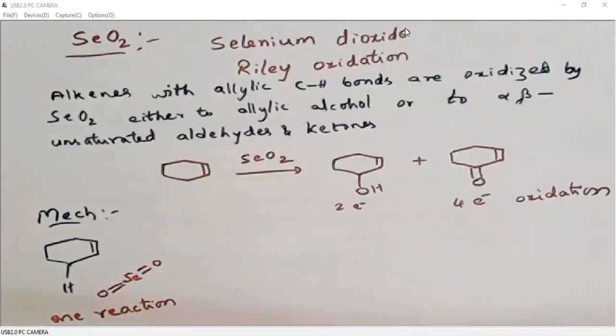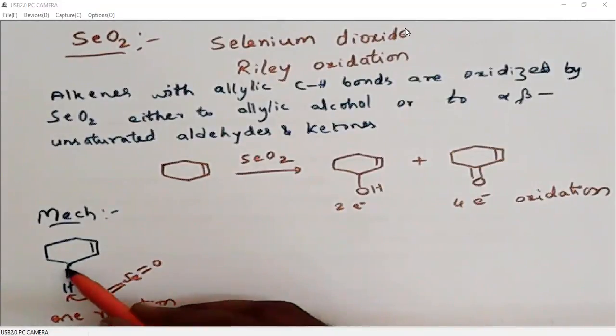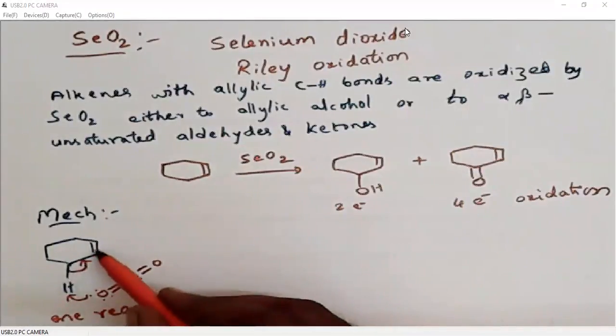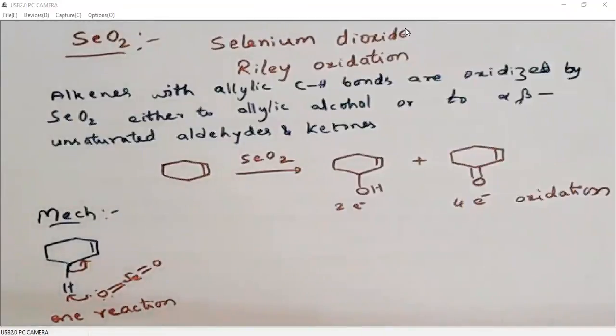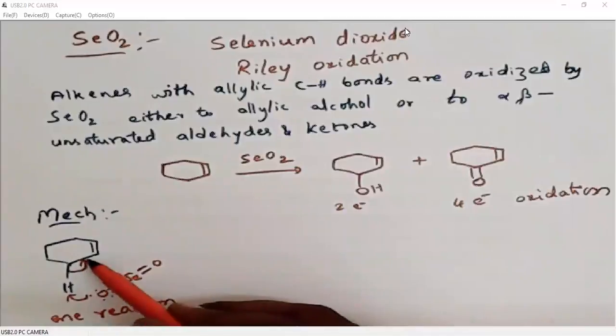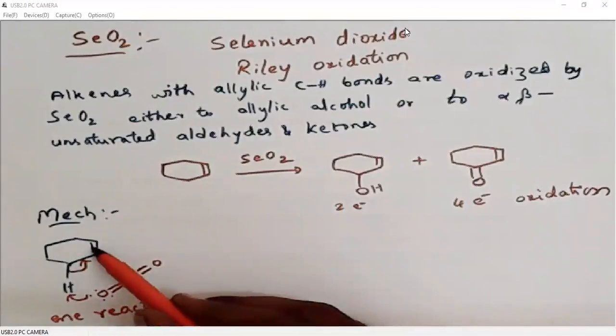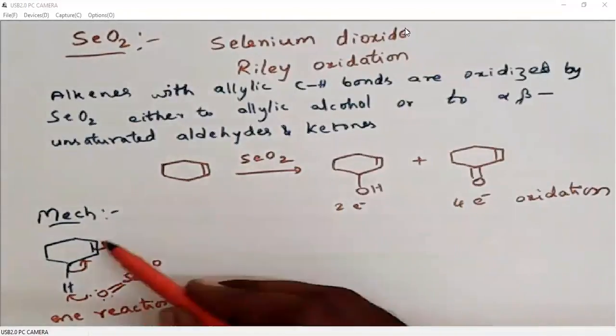So, what is the reaction here? The lone pair on oxygen will pick up this proton. Then the carbon hydrogen bond will be polarized towards the alkene so that it generates a carbon carbon double bond. Because an additional bond is forming here, this bond will break and move towards this carbon.